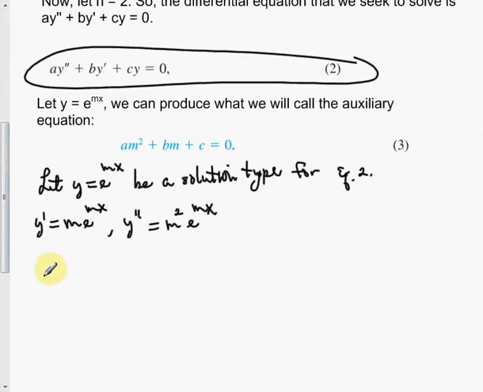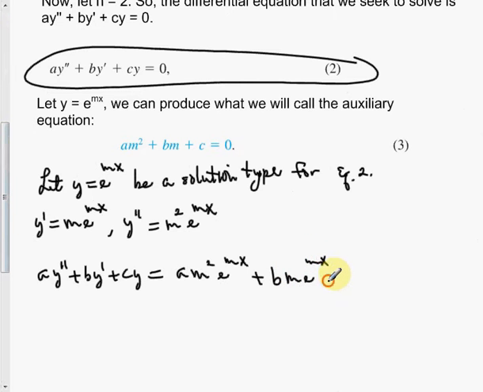So I'm going to take equation 2, which says a times y double prime plus b times y prime plus c times y, is equal to a times y double prime, well, that's m squared times e to the mx, plus b times y prime, that's m times e to the mx, plus c times y, and that's e to the mx.